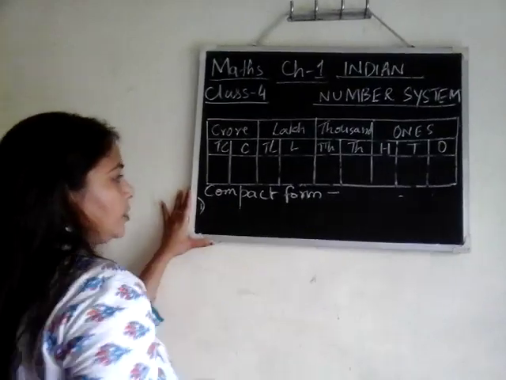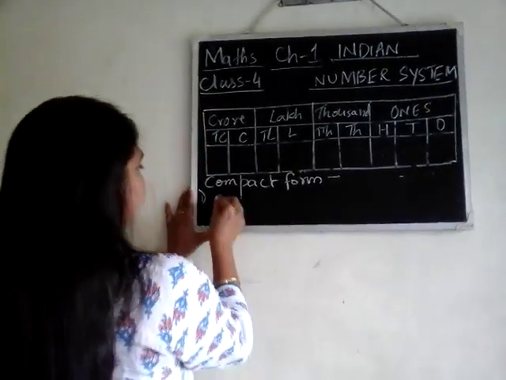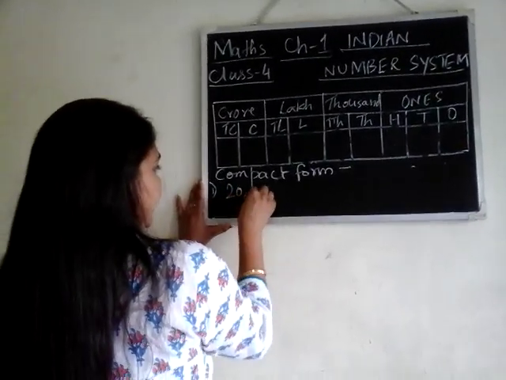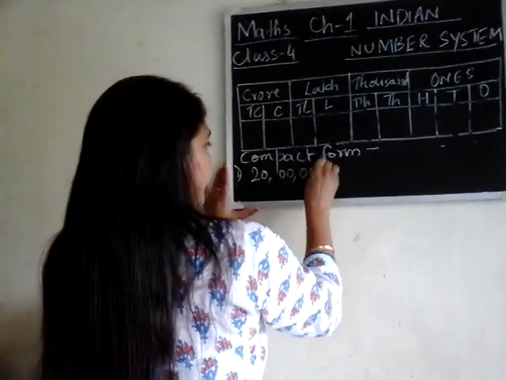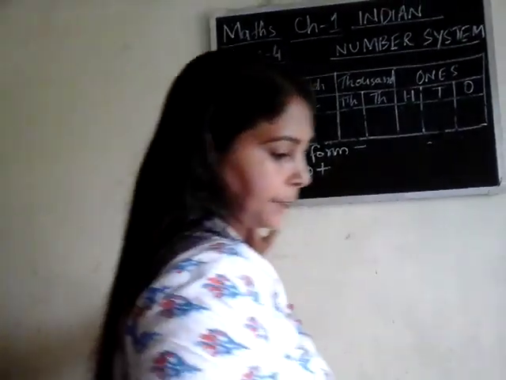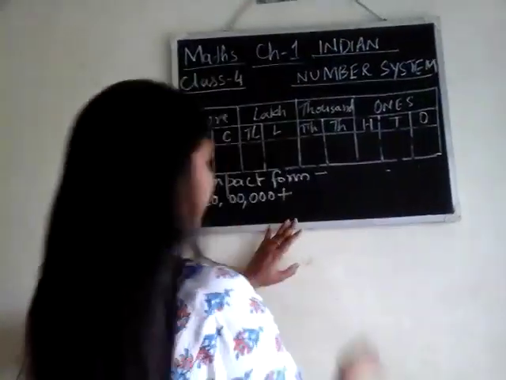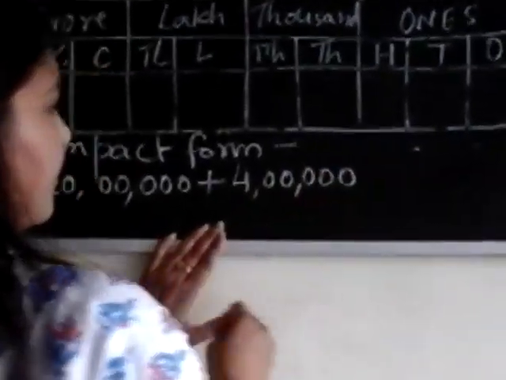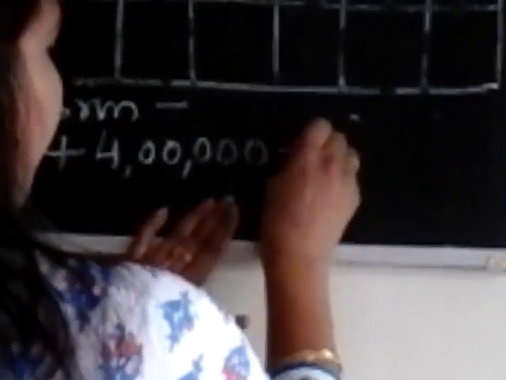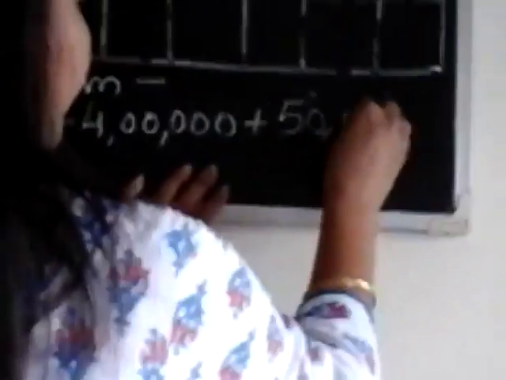And example, we will do 20 lakhs plus 4 lakhs. Okay. Plus 50,000.